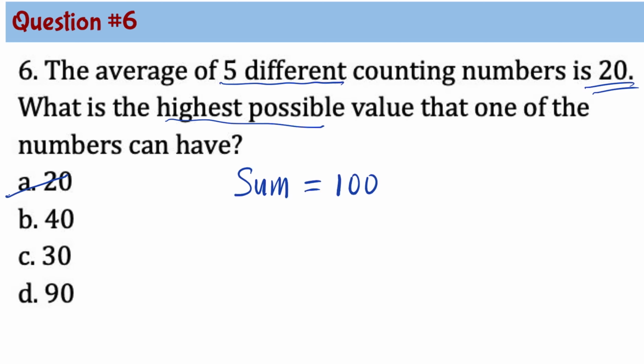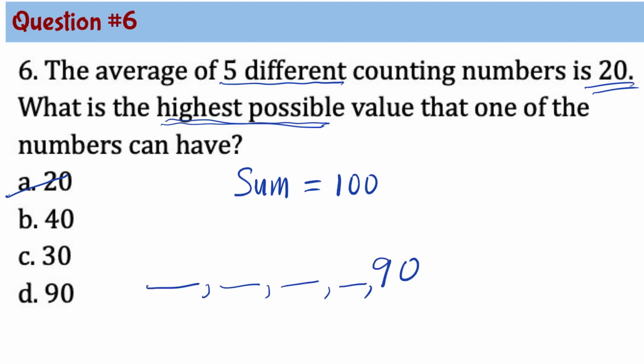Now, the next strategy that you could use is, since it's asking for the highest value, we need to try out the biggest number, 90. If the biggest number is 90, we should be able to get a sum of 4 numbers that is 10. That way they add up to 100. When you add them up together with 90, it should be 100.